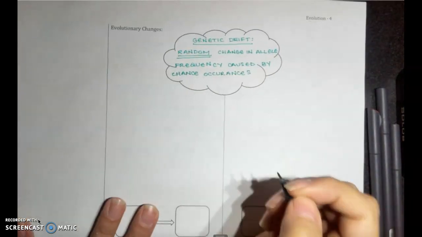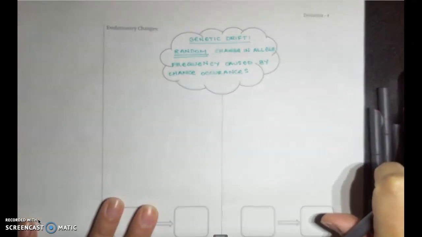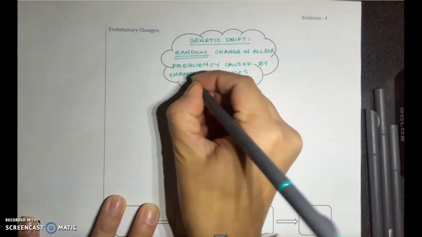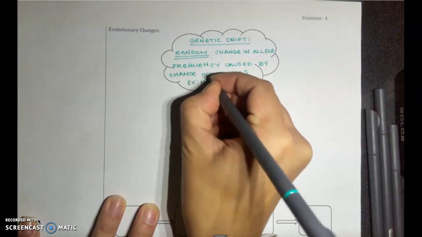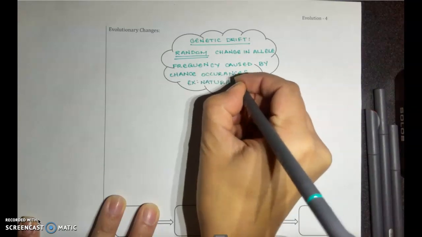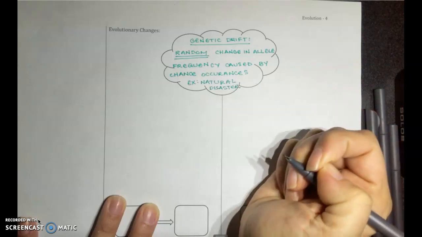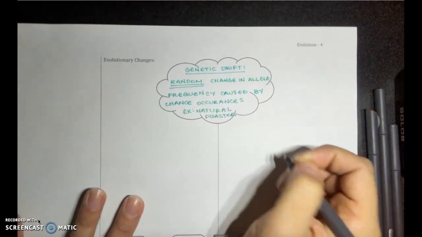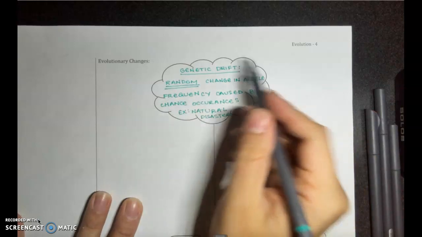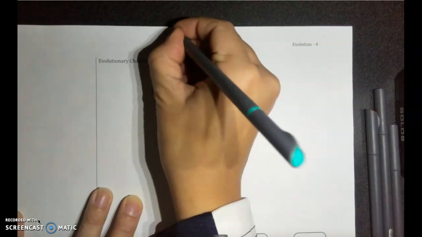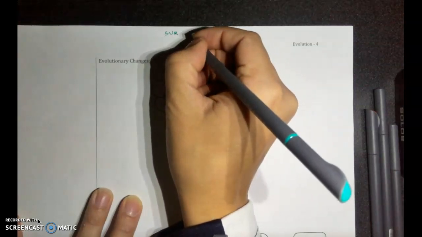And then if we take a look at examples of genetic drift or things that could cause genetic drift, that would be things like natural disasters. One thing that I would point out is that when we have something happen to a population, some kind of random change in that allele frequency, the surviving gene pool may not be the same as the original.